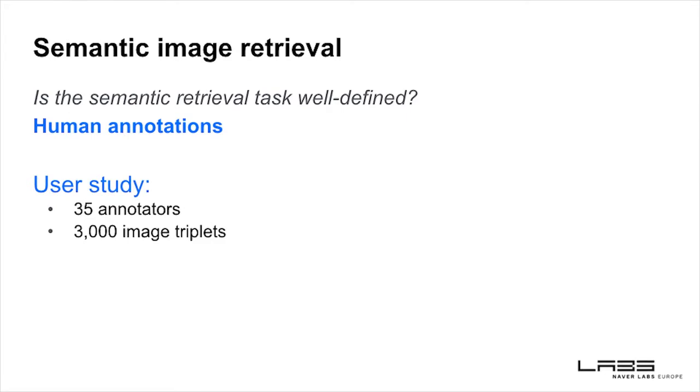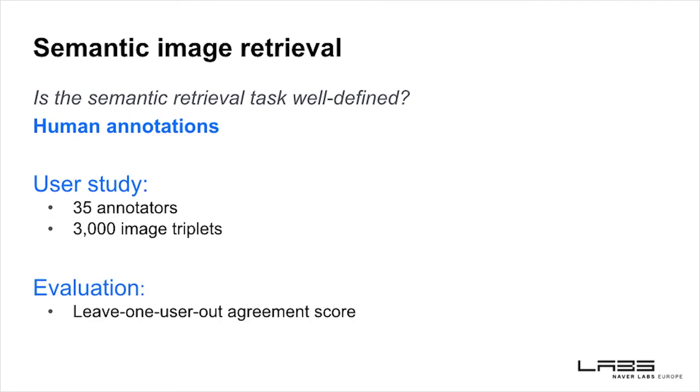The user study we conducted, we did it on 35 annotators. And we covered in total 3,000 image triplets. And we computed a leave one user out agreement score. So for every user, we see how often this user agrees with the others. And we have an agreement score, and we do that for all the users, and we average. So this is our final evaluation measure.